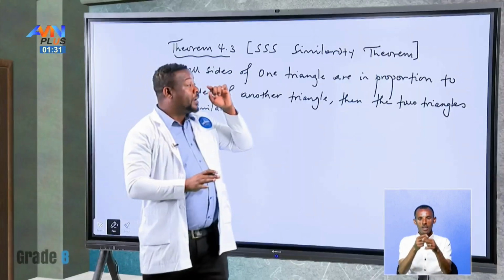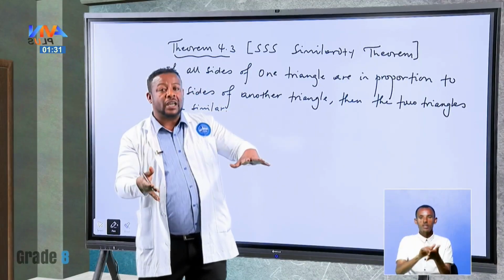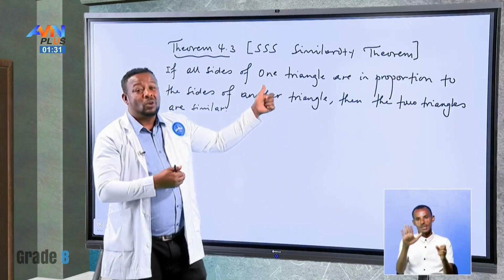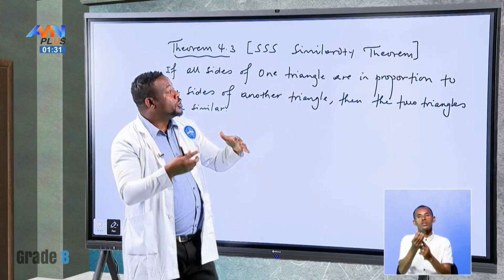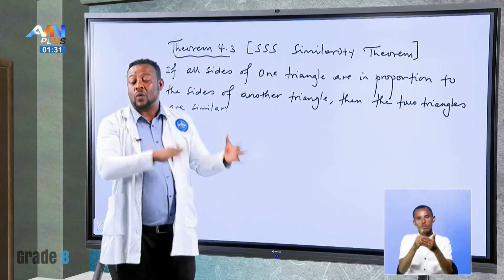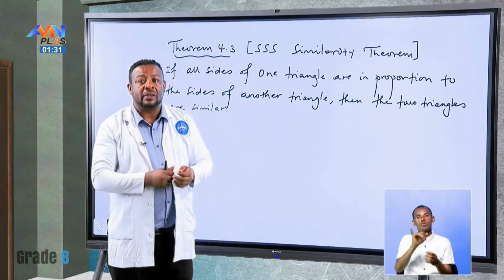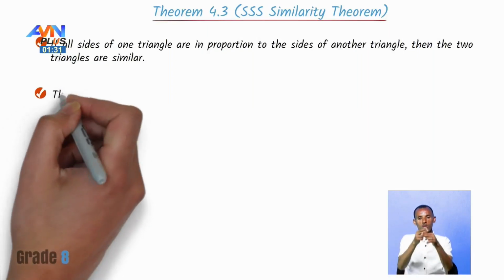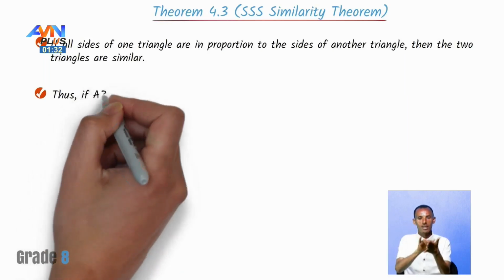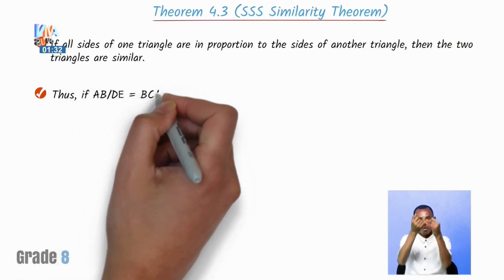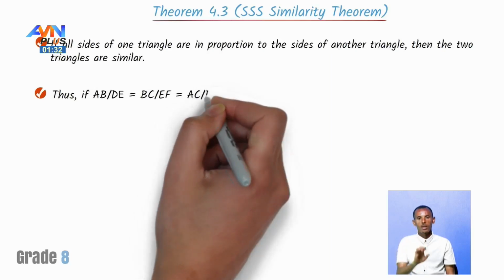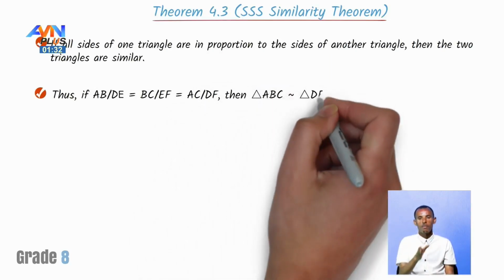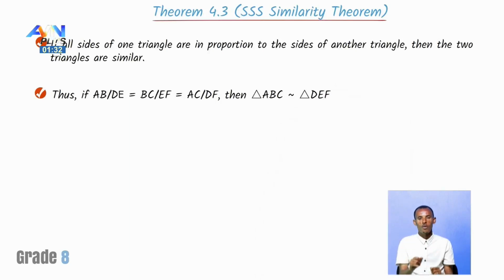Okay, so shortly, this theorem is saying that any two triangles are similar if this condition is satisfied. What is that condition? The ratio of all corresponding sides of one triangle is the same as for the other triangle, right? So shortly, we can say that if AB over DE is the same as BC over EF and AC over DF, okay?